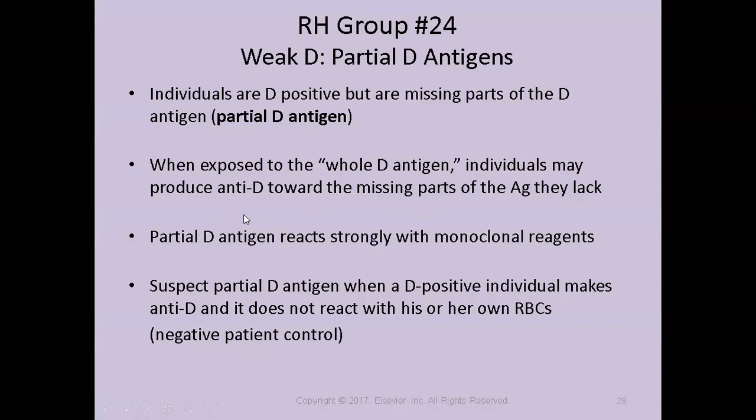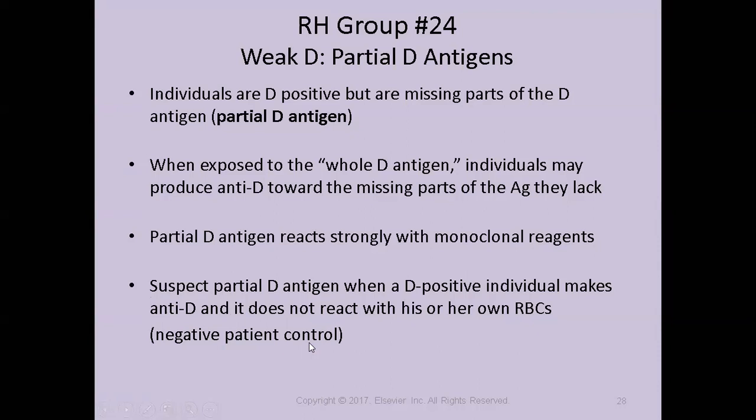Partial D antigen would be detected on our forward typing. It reacts strongly with monoclonal reagents. When are we going to suspect partial D? When we have a person who types as RH or D positive, but they also have anti-D, and the anti-D that is present in their serum or plasma does not react with their own red cells, which is our patient control. So the patient control is negative.